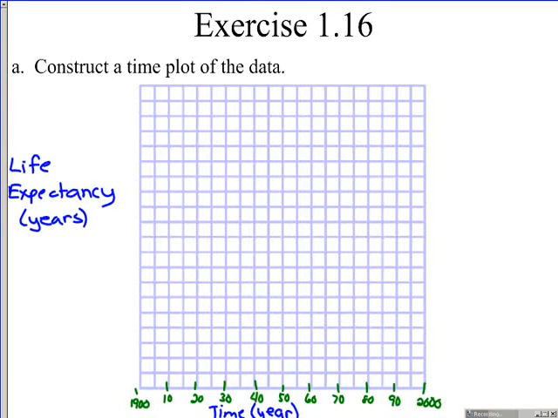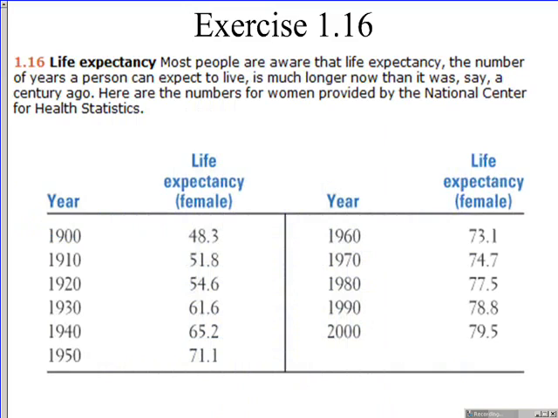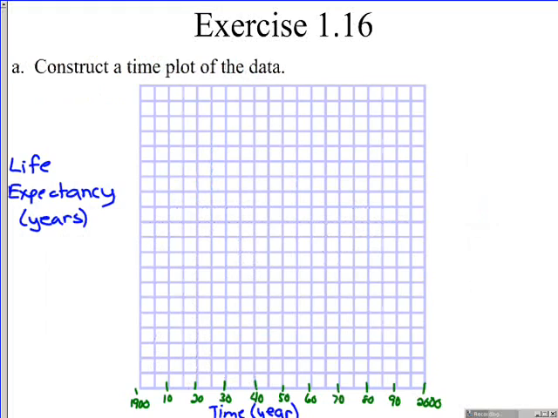Up the side, well, if we look at our life expectancies from about 48 years up to 80, and again, we want to spread that out as much as we can. Pick something that's easy to use. Let's go by 5-year increments. Do we need anything between 0 and 45? No. So what you can do is do a squiggly line down here that shows you're compressing those first 45 years.